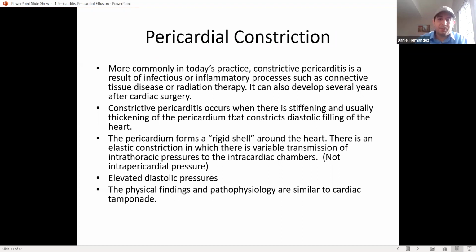So this pericardium forms a shell around the heart, and there's an elastic constriction in which there is variable transmission of intrathoracic pressures to intracardiac pressures. So constrictive pericarditis results in elevated diastolic pressures. The physical findings and pathophysiologies are similar to cardiac tamponade.